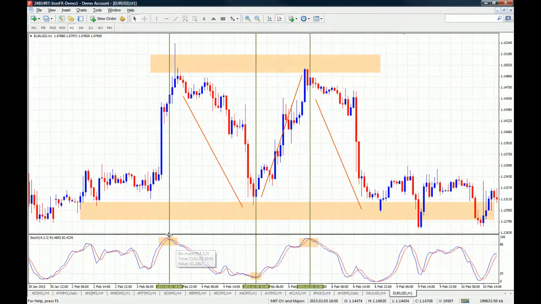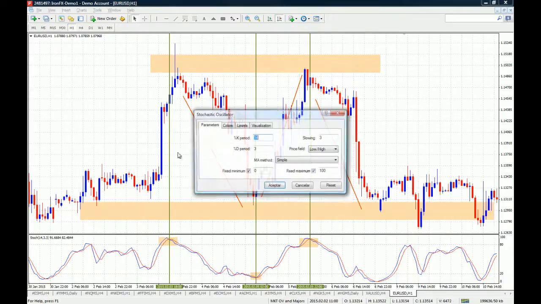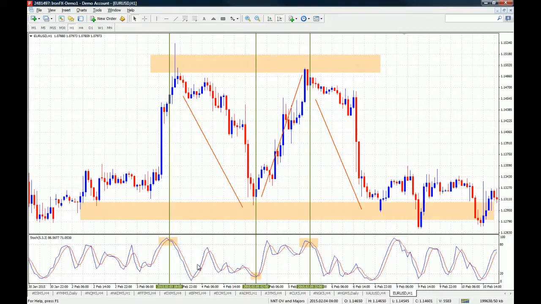This means that if we change it back to a 5 period, you will have a lot more noise within the oscillator.